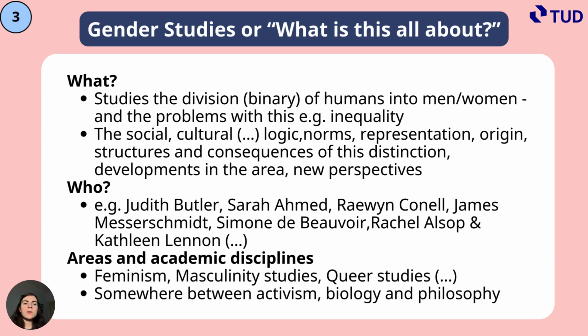And if we look at all that, we can say that gender studies is actually situated somewhere between activism, biology, and philosophy, because it takes both these disciplines, biology and philosophy, and in a way uses those theories to claim that, well, actually, this binary distinction, the problems that come with it, they're not natural, but we have something very cultural here and we can do something against that.